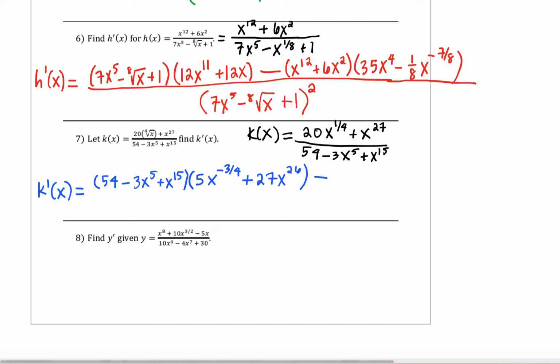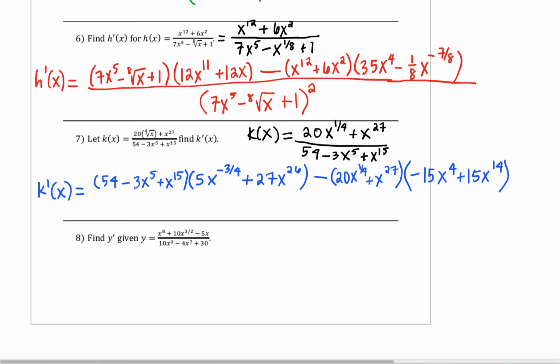So we have low d high minus high, the original numerator. I'll do that as x to the 1/4, x to the 27th, there we go. So low d high minus high, and then d low, the derivative of the denominator. 54 is a constant, so that would just drop out. Then using the power rule, we'll get -15x to the 4th plus 15x to the 14th.